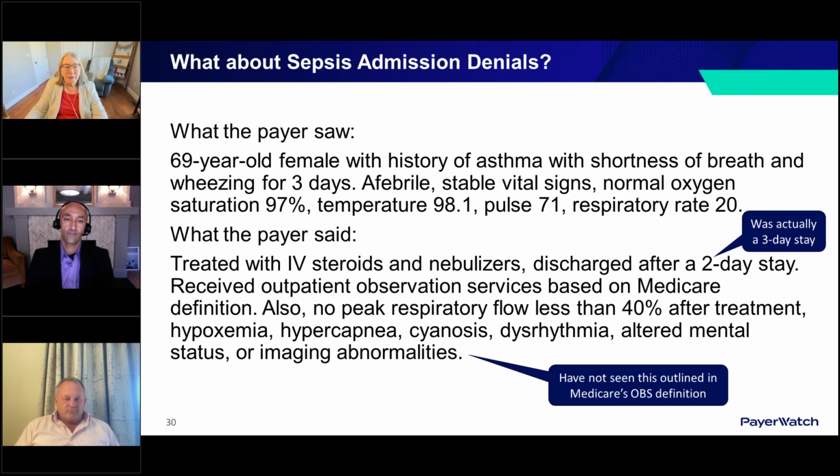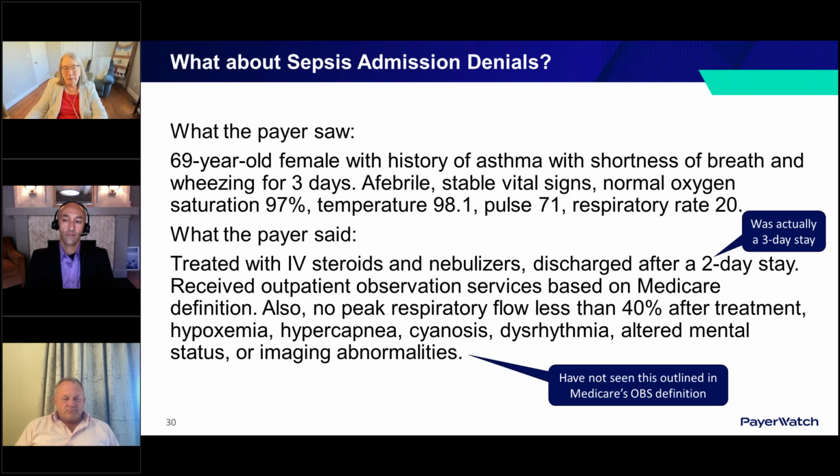So let's talk about sepsis admission denials. The vast majority of what we see is the patients come in with obviously something else going on, like you said, they've got pneumonia or something else that has brought them into the hospital, and yes, they also have sepsis.